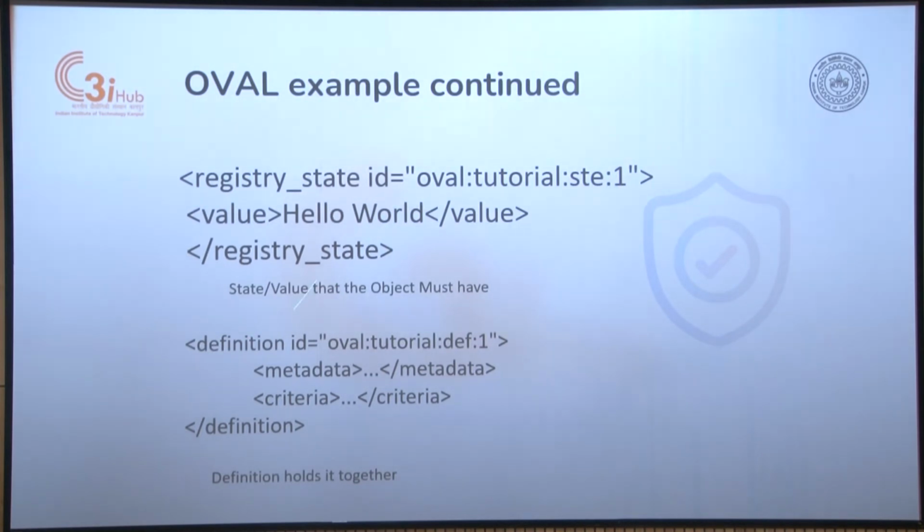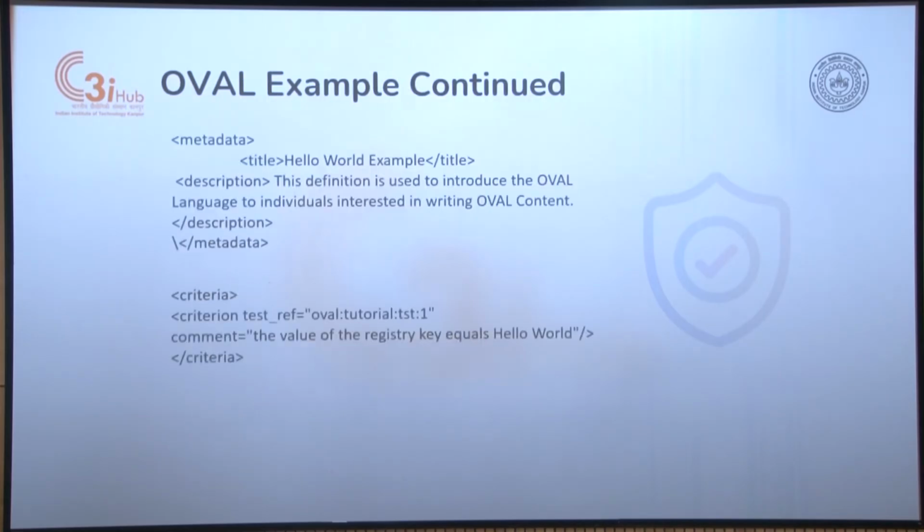This is just to give you an example, and then you have a definition which has various other fields, for example, a test criteria, what are you testing. Here the criteria says that the value of the registry key should be equal to hello world. This is the criteria in this test. So, this is how this language looks.